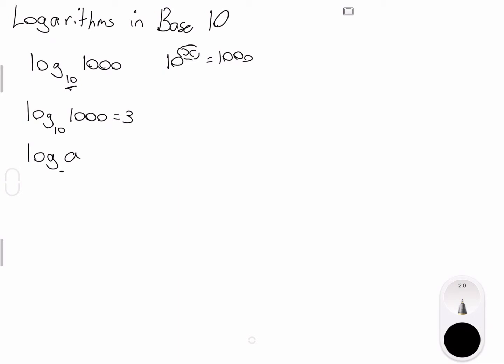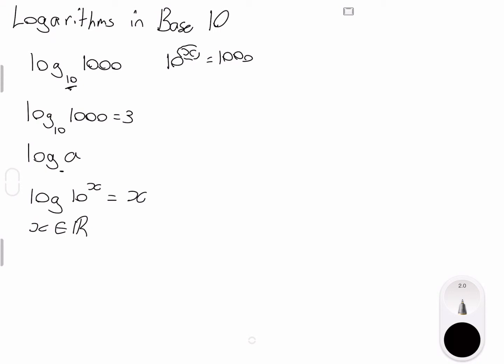So let's have a look at a simple, quick little rule: if we have the log of 10 to the power of x, then this is always going to be equal to x, when x is any real number.